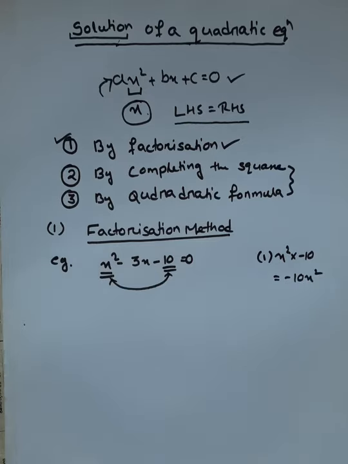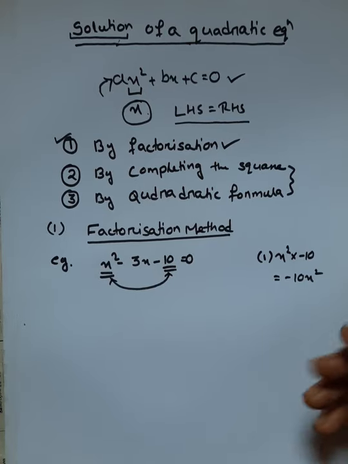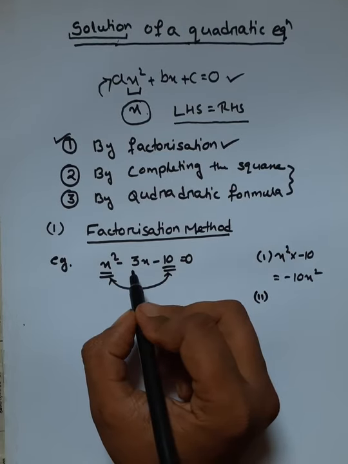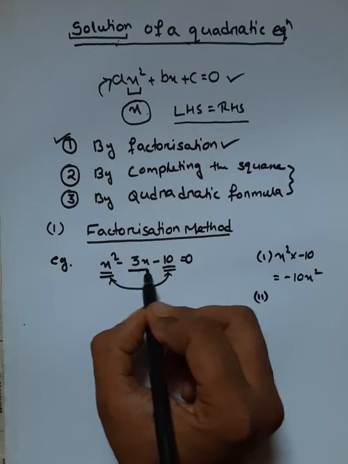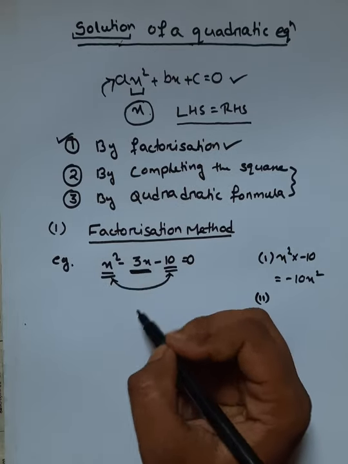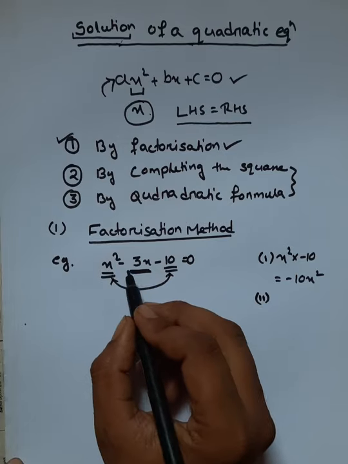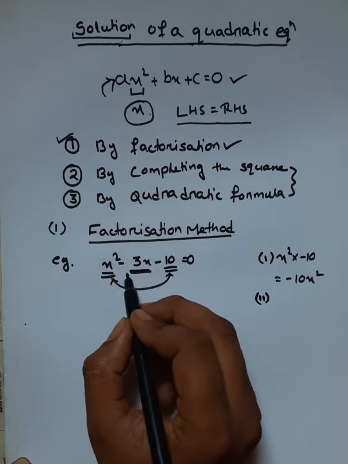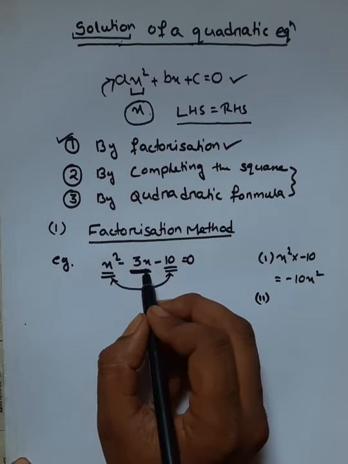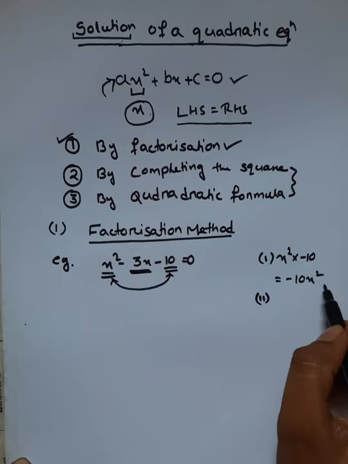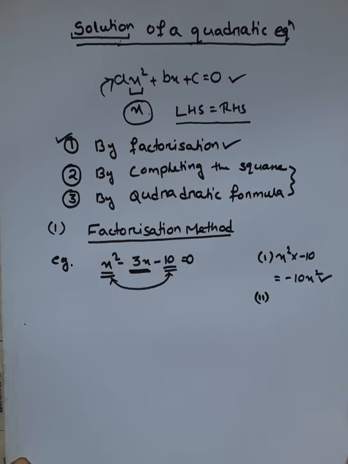Okay, then the second step is we have to split the middle term, that is minus 3x, in such a way that if we add or subtract, then we should get minus 3x, and if we multiply the two terms, then we have to get minus 10x square.